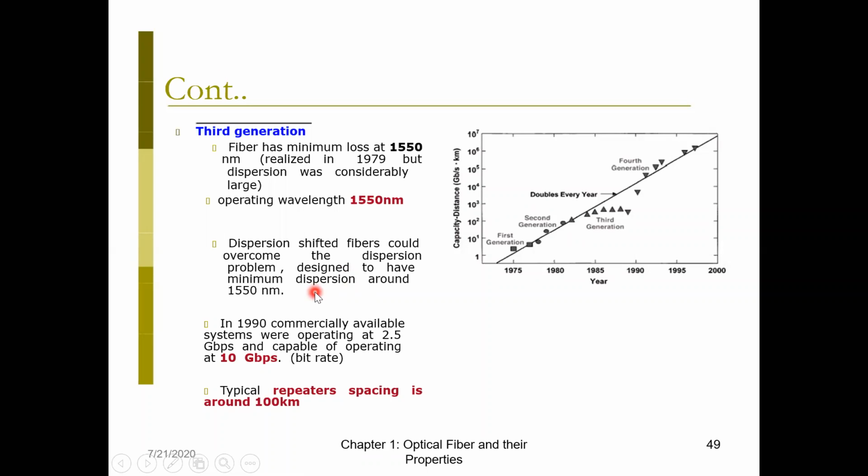Now tell me, are you very happy with the progress in the generation? Yes, repeater spacing is increasing. See, we are not discussing any other components. Source is there, detector is there, wavelength of operation increases, bit rate improvement is going on, losses are reducing, and the repeater spacing is increasing. Do you think some more components are required?